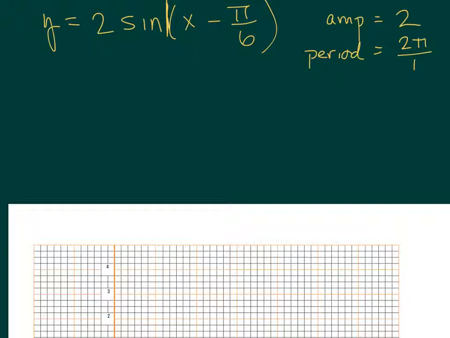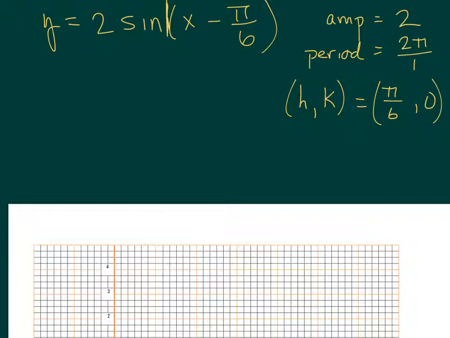The pi over 6, the letter that usually represents that spot is h, and h comma k for this particular problem is the point pi over 6, 0. Pi over 6 is any horizontal shift or translation, and the k is any vertical shift or translation.